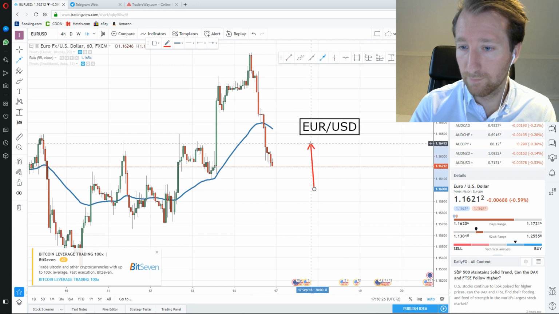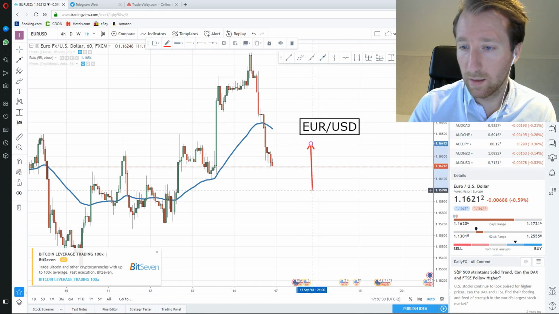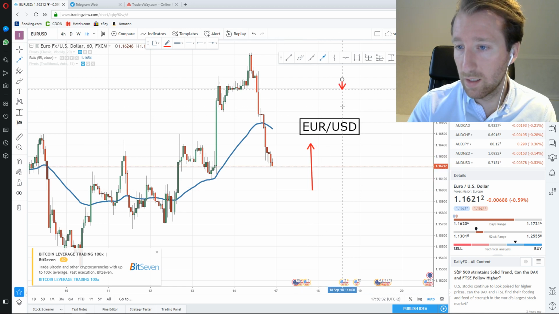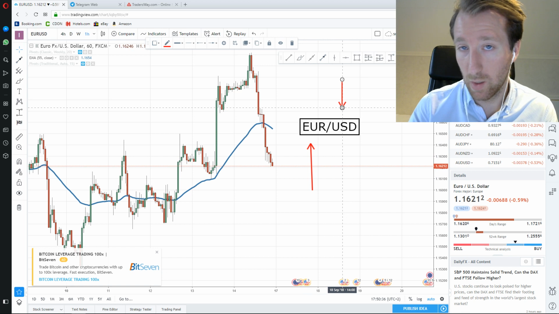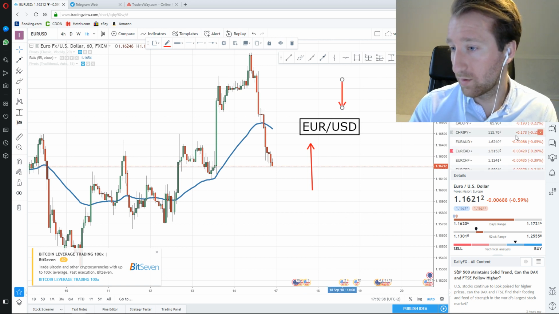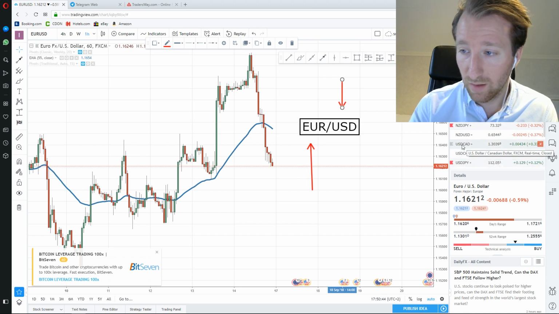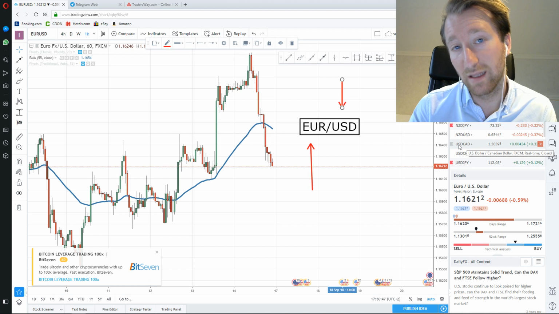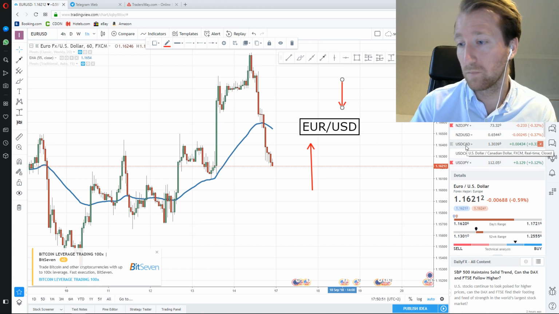And then the American dollar is, in this case, the quote price. If you take another currency pair, for example USD CAD, then USD in this case is the base price, and the CAD is the quote price.